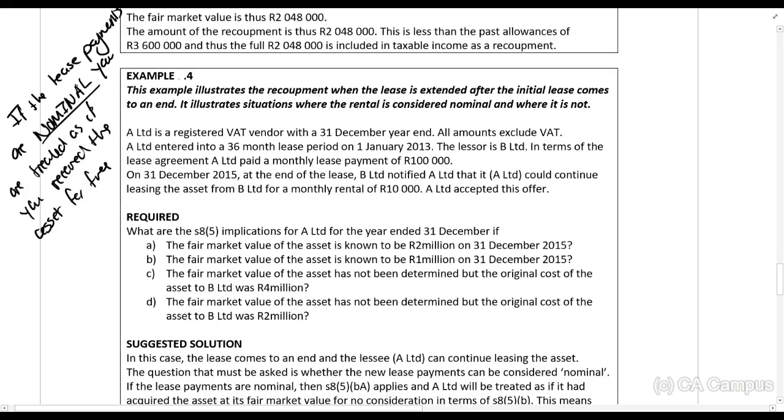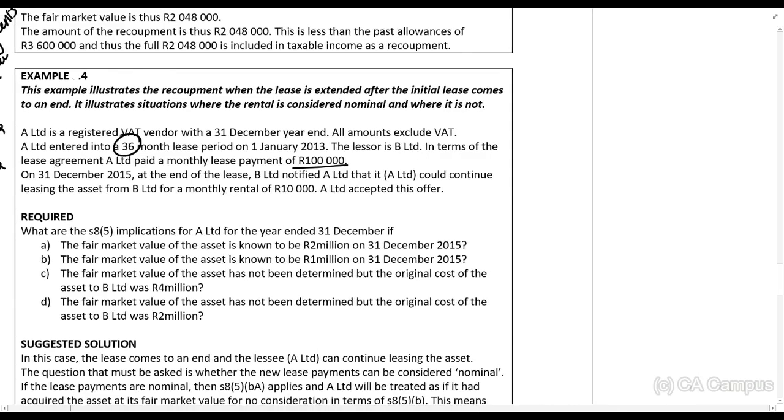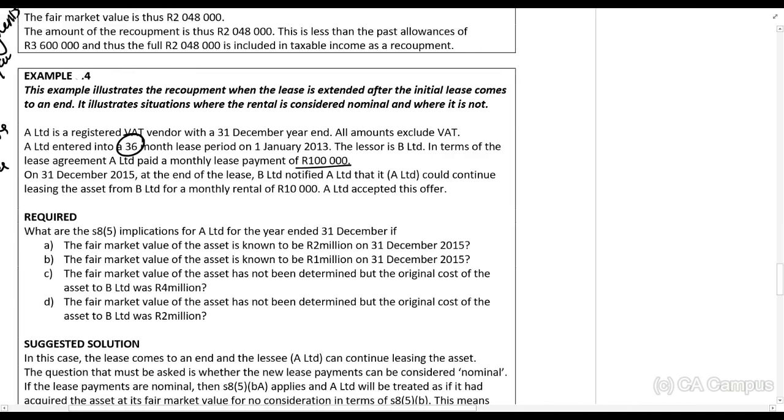A Limited is a registered VAT vendor of the 31 December year end. All amounts exclude VAT. A Limited entered into a 36-month lease period on the 1st of Jan. In terms of this lease agreement, they must pay a monthly lease payment of 100,000 rand. So total deductions that we can claim here, or did claim, 100,000 times 36 is 3.6 million rands.